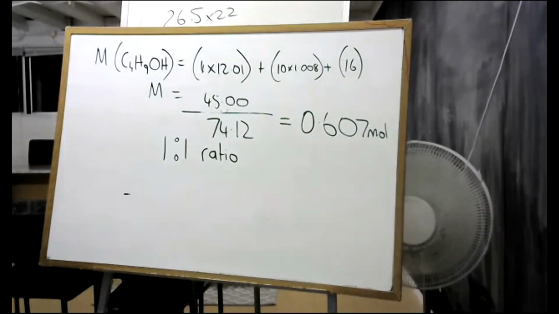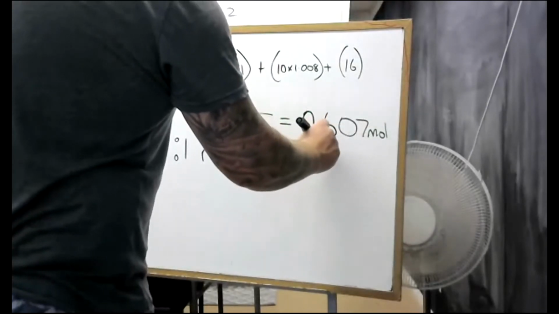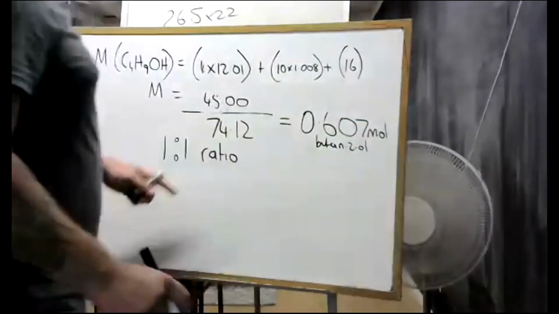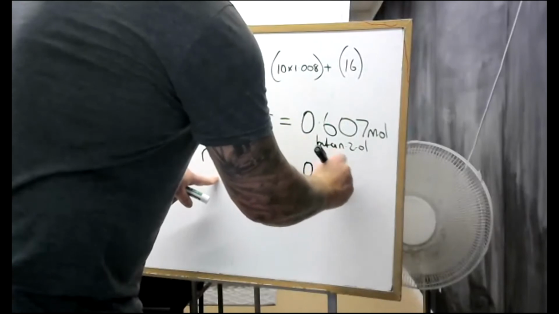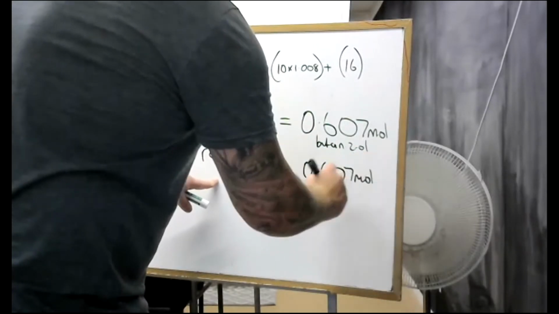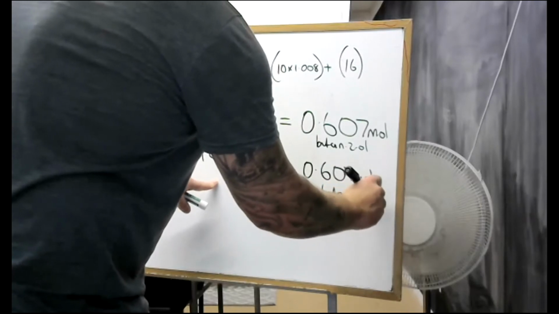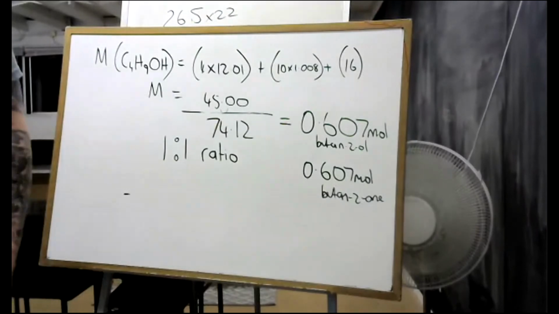So we've got 0.607 moles of butan-2-ol, which means if we've got a 1-to-1 ratio, we also have 0.607 moles of butan-2-one, because the reaction tells us we have a 1-to-1 ratio.